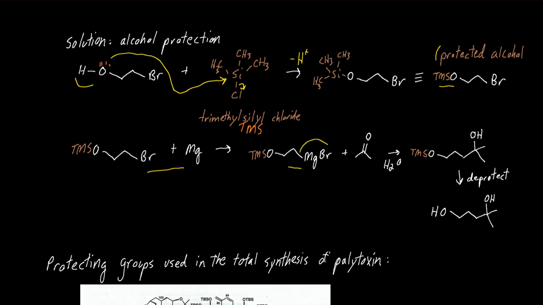Now the Grignard reagent can go and form a bond with that carbonyl carbon, creating this new carbon-carbon bond right here. And then deprotection under similar conditions usually gets the alcohol back intact. So that's the concept behind the use of protecting groups in a fairly simple example.